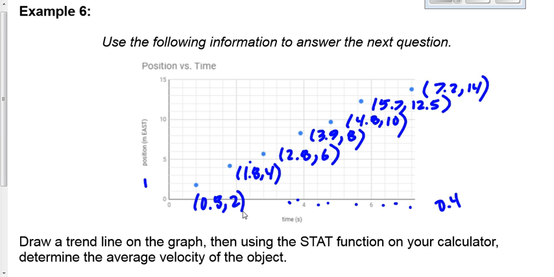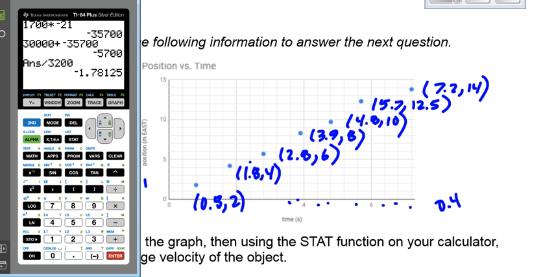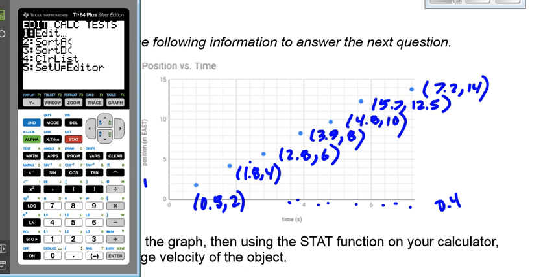So open up your calculator, and remember this series of keystrokes. Stat, edit, 1. Stat, pick edit, pick 1. Stat, edit, 1. Click enter.